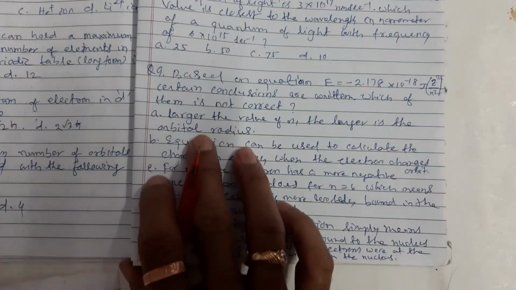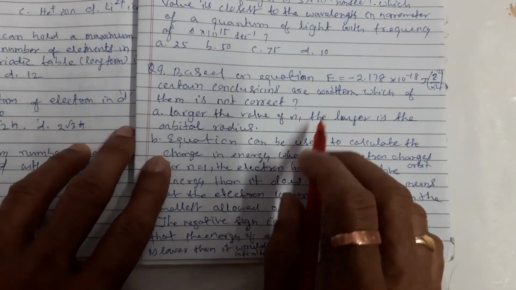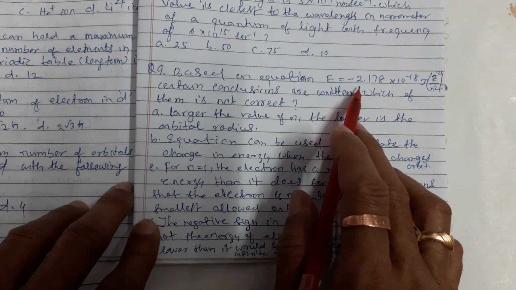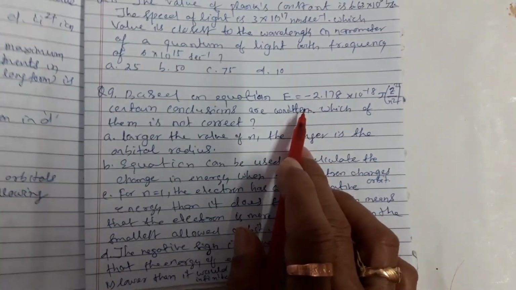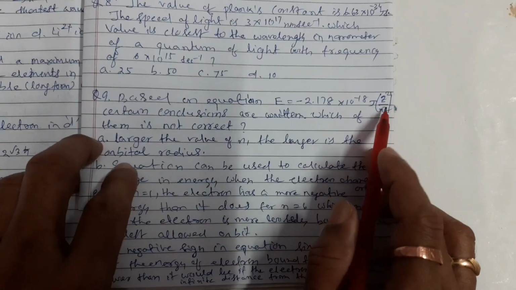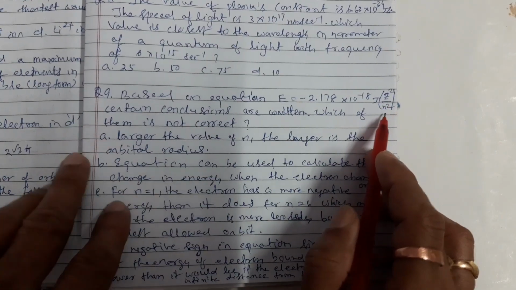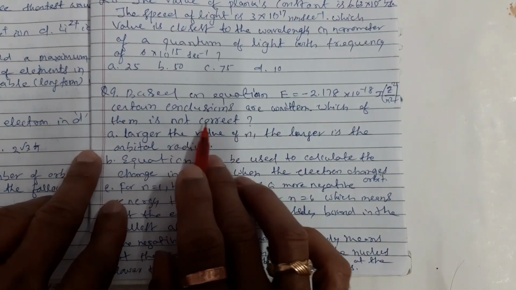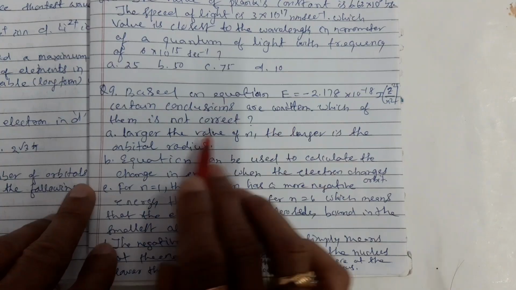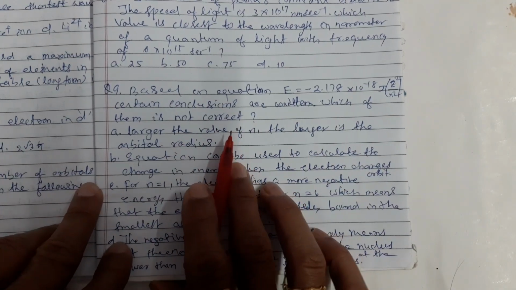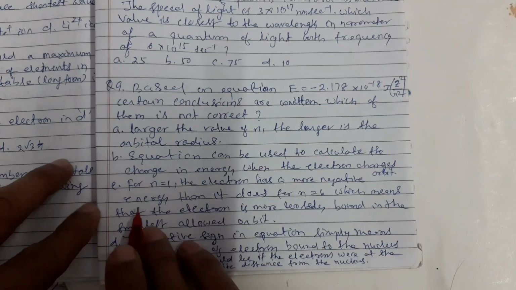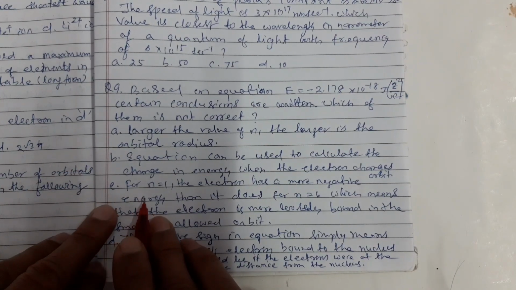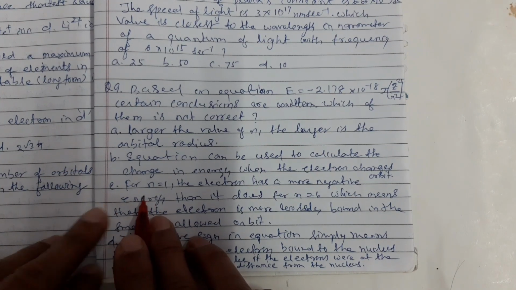Next, based on the equation E is equal to minus 2.178 multiplied by 10 to the power minus 18 joule times Z square by n square, certain conclusions are written. Which of them is not correct? You read all of these, and C is not correct. What is C?